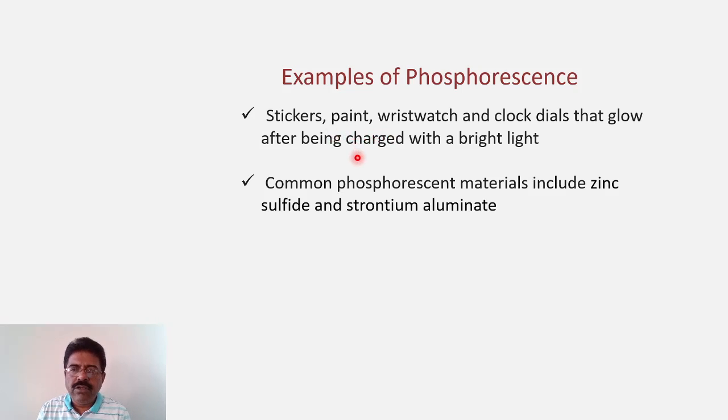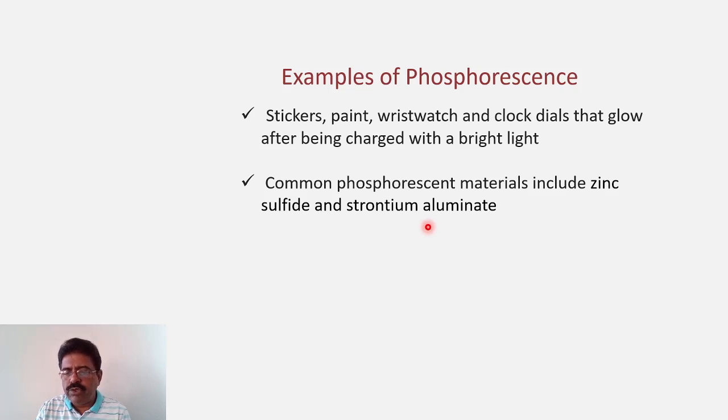So glow in the dark is the characteristic of these paints. The minute hand and hour hand of wristwatches and their dials also glow. These are a few examples. The materials mostly used as phosphorescence materials include zinc sulfide and strontium aluminate. These are the two commonly used materials.